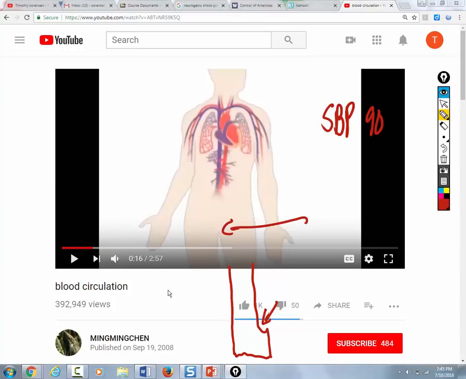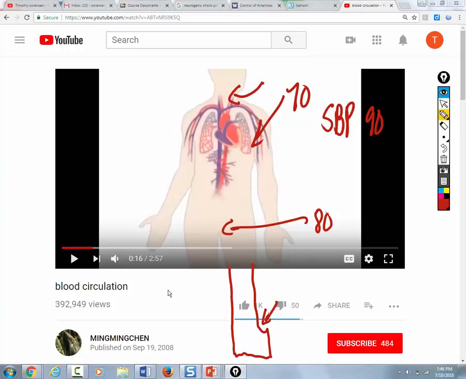If you can feel somebody's pedal pulse, you know they have a systolic blood pressure of at least 90. If you can't feel the pedal pulse, but you can feel the pulse in the femoral artery, they have a blood pressure of at least 80.